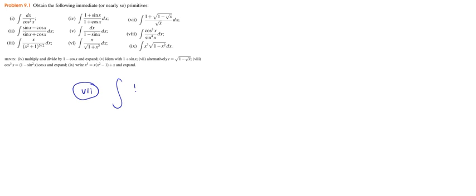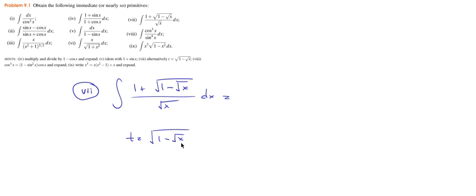7 is the primitive of 1 plus the square root of 1 minus the square root of x, divided by the square root of x. Now in 7 it says you can write t equals the square root of 1 minus the square root of x, right?